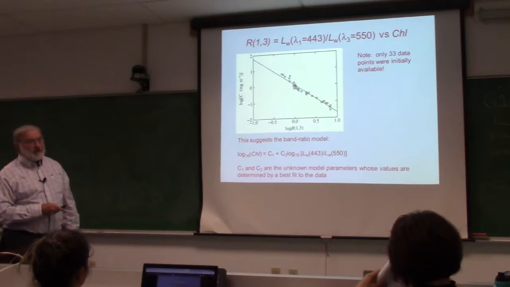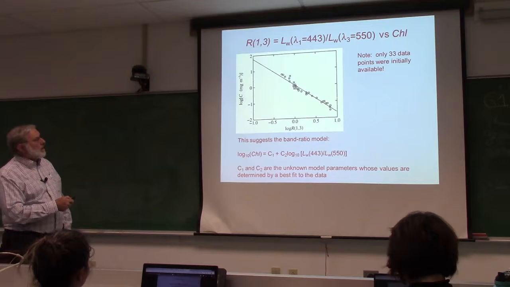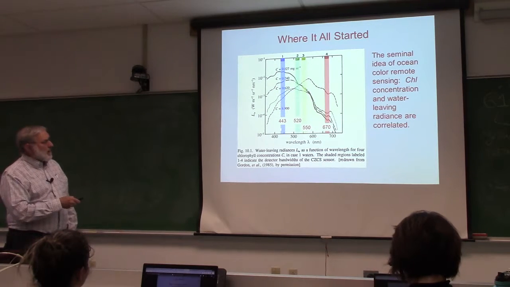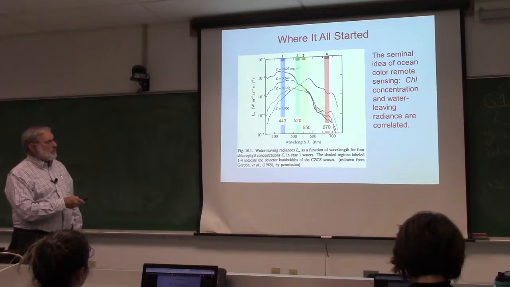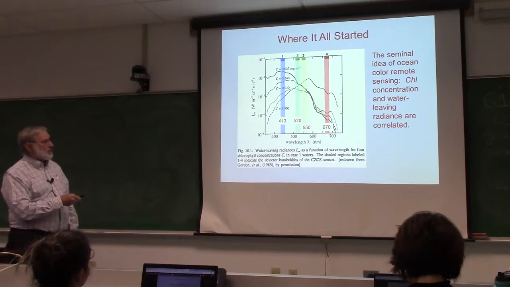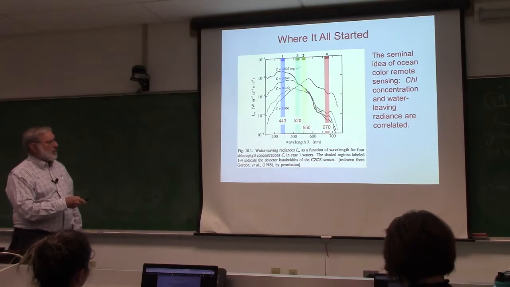They had 33 data points, and the bands, this is from CZCS bands 443, 520, 550, and 670. So those are bands 1, 2, 3, and 4.